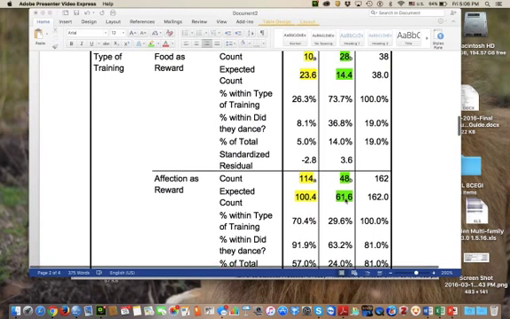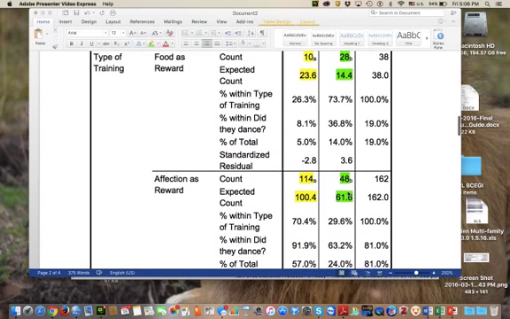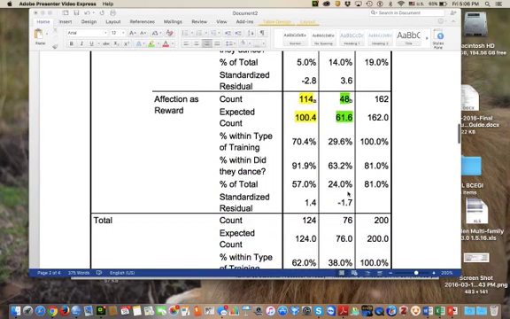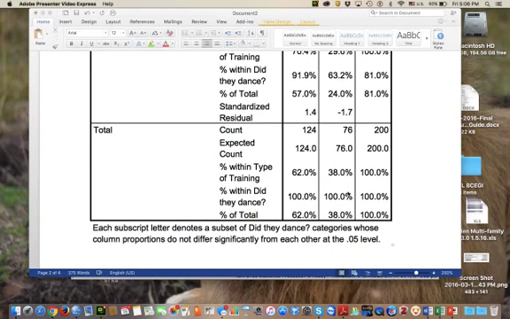So, conclusively, food as a reward is a much higher motivator to achieve the desired outcome than affection, according to the results of our chi-squared test, as we can see by the numbers.